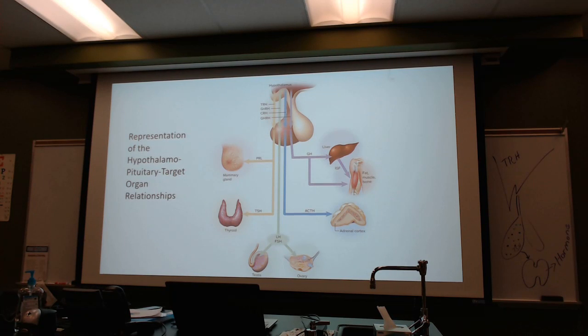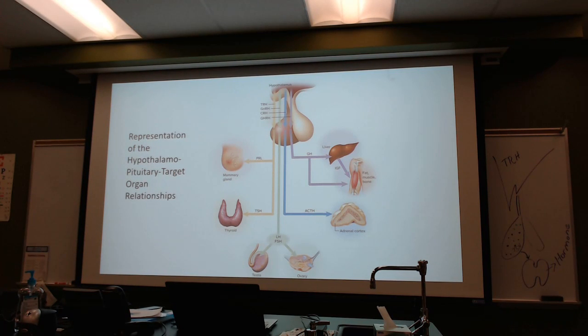So if I have my hypothalamus that can only secrete hormones that are for releasing or inhibiting, that's going to tell the pituitary gland to either make the hormone or not.